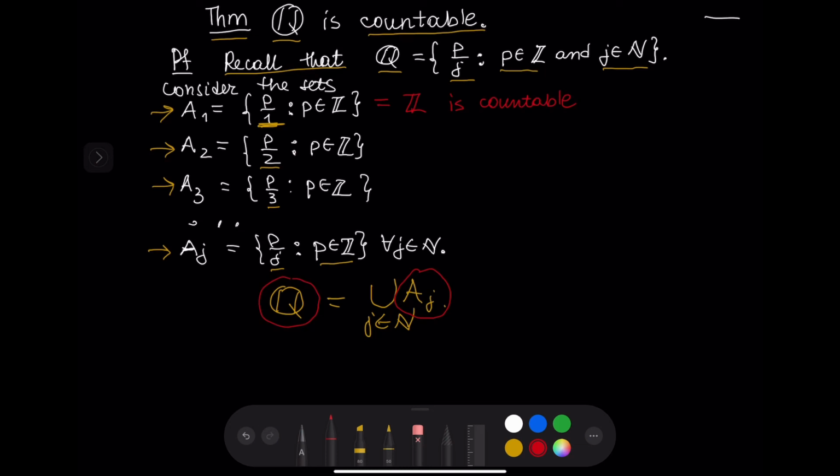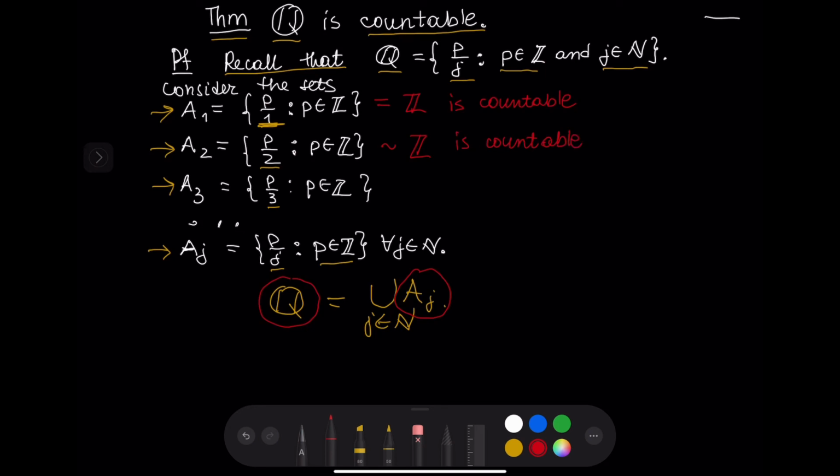The set A2 is not equal to Z, however, it is equivalent to Z because we can easily construct a bijection from the set A2 to Z. All we have to do is take the elements of A2 and multiply them by 2, and we will get elements of Z. And Z is countable.